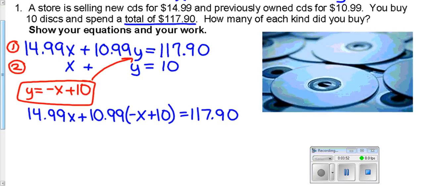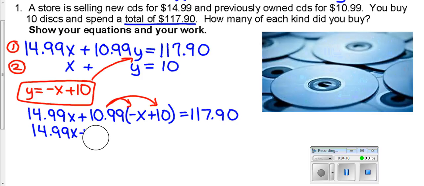All right, so I'm going to bring down this $14.99 x plus, now I have to use the distributive property. So I'm going to distribute that 10.99 times negative x, and when I do that, that will give me negative 10.99x, and then when I multiply 10.99 times 10, that's going to give me $109.90.